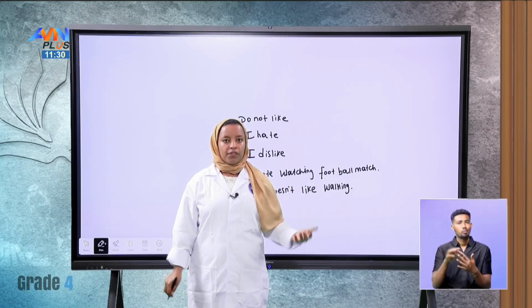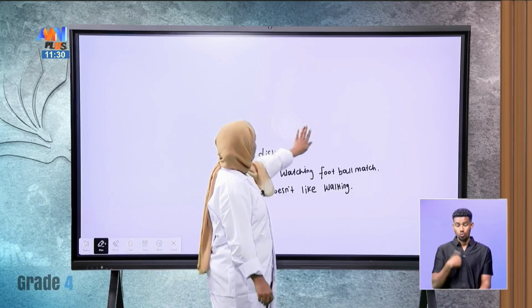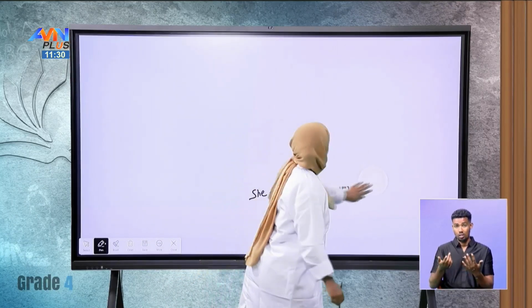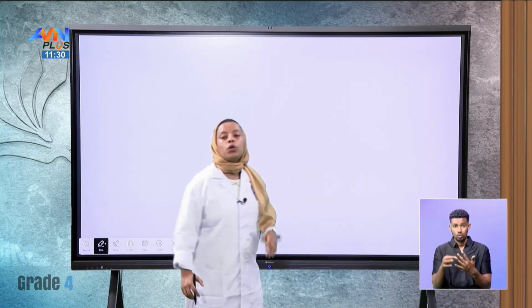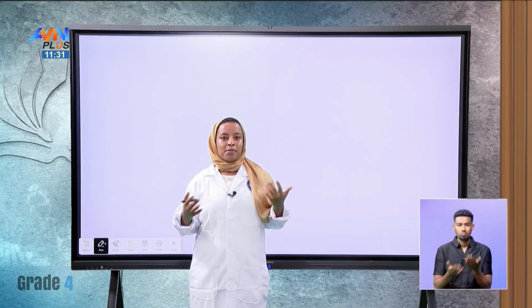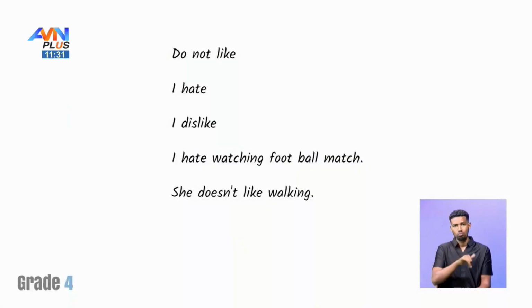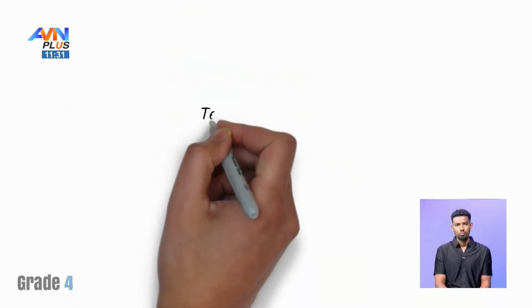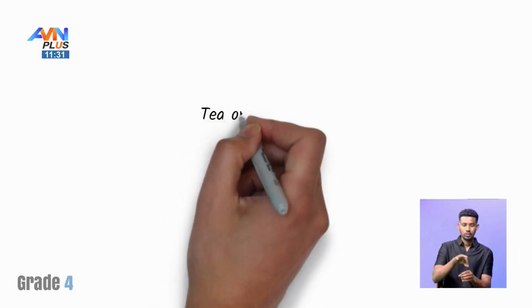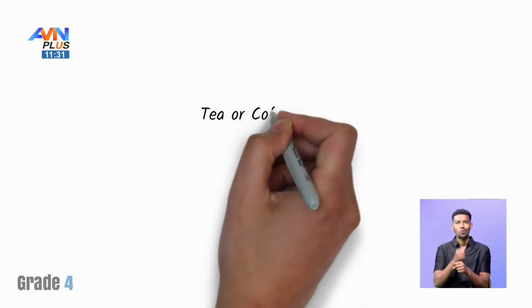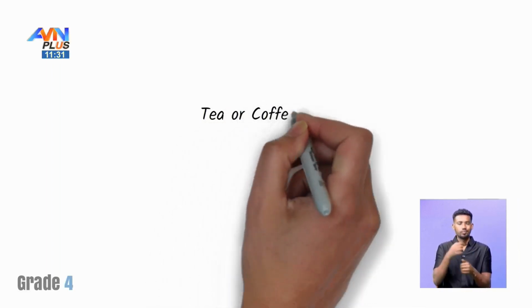When we say prefer, there are two choices. It might be tea or coffee, burger or pizza. Then what you prefer of both of them. For example, tea or coffee.